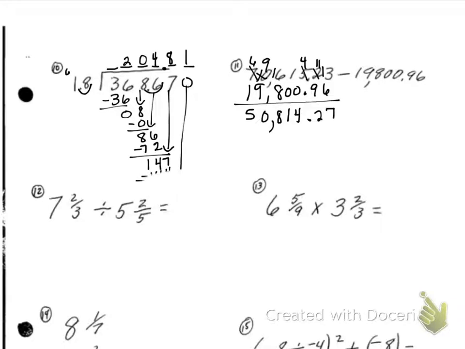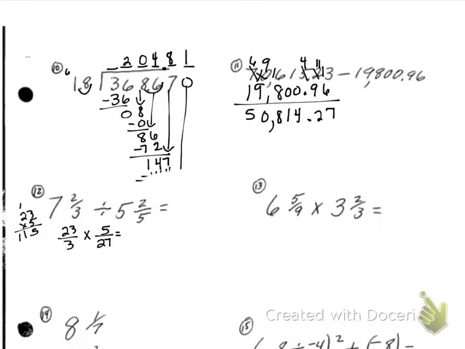Alright, division of fractions. 3 times 7 is 21 plus 2 is 23 over 3. Alright, I'm going to go ahead and flip it, so times 5 over 27. Now I can't cross cancel this, so let's just go ahead and multiply straight across. So let's do 23 times 5.